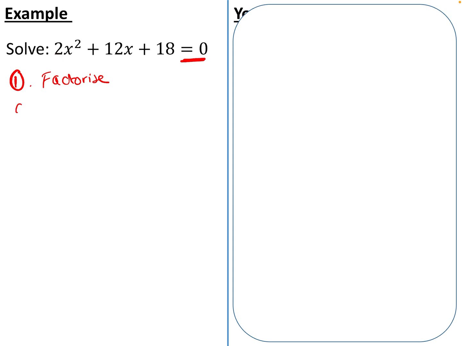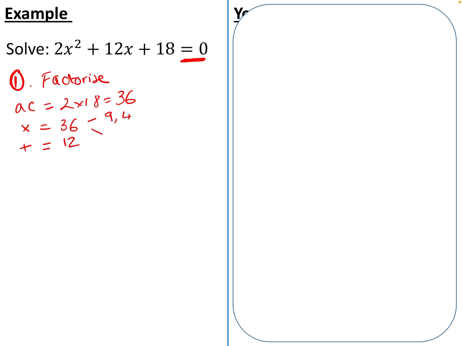So I want to find AC. 2 times 18 will give me 36. I now want factors of 36, so two numbers to multiply to equal 36. And I want those same numbers to add up to 12 in the middle there. Thinking about the numbers we're going to use, we could have 9 and 4.